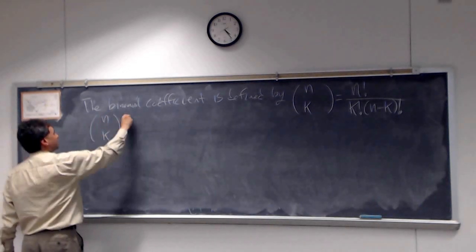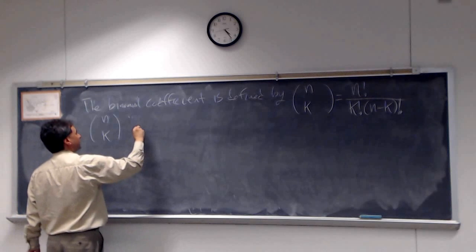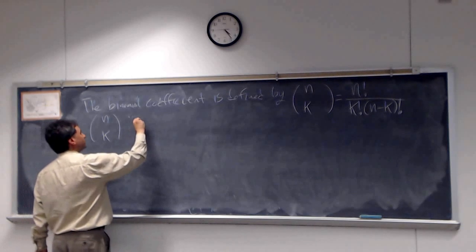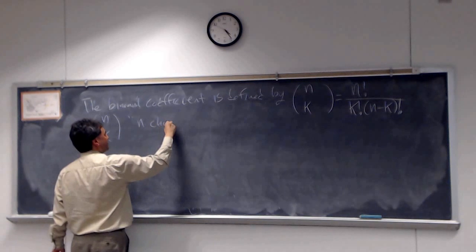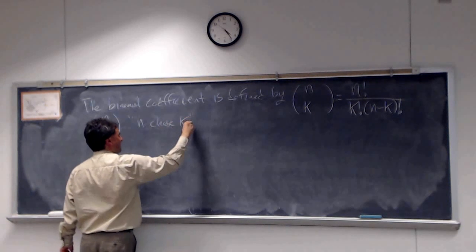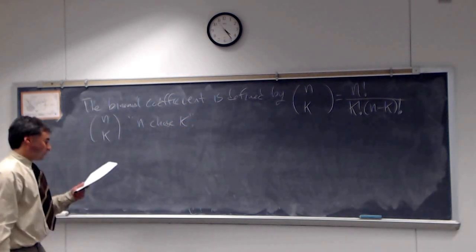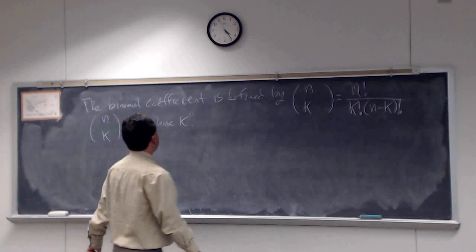And sometimes this is read as n choose k. So those are the binomial coefficients.